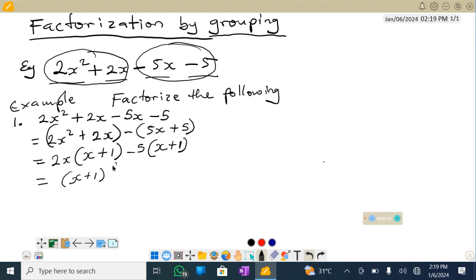So you open another bracket to put whatever is remaining. When you divide the whole of this by x plus 1, you have 2x remaining. When you divide the whole of this by x plus 1, you have minus 5 remaining. So we are done with that.